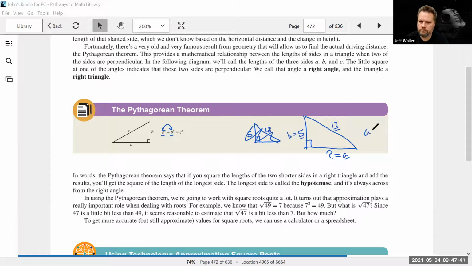A squared plus 5 squared equals 13 squared. Good. It only works when they're squares.